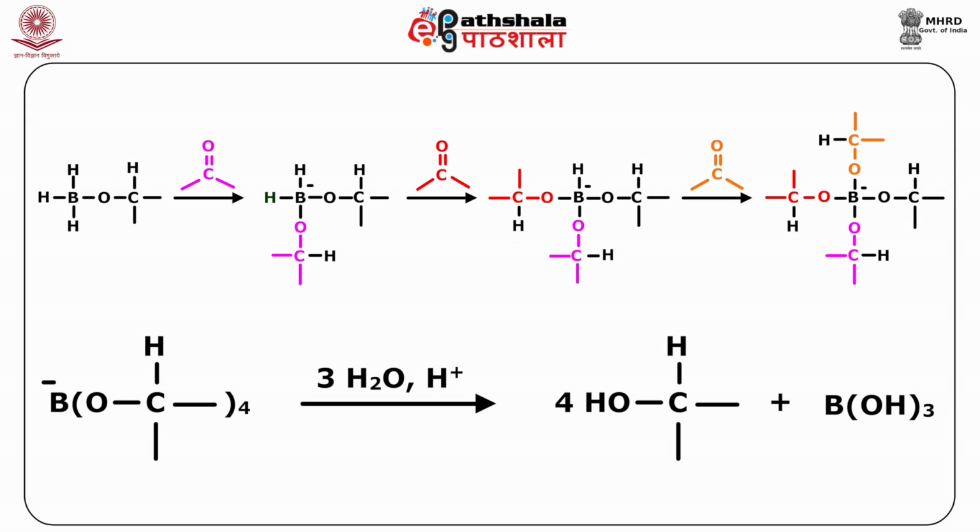This process can continue in principle, so that all 4 atoms of hydrogen could be transferred to molecules of aldehydes one by one, but in practice all 4 atoms of hydrogen are not actually transferred.